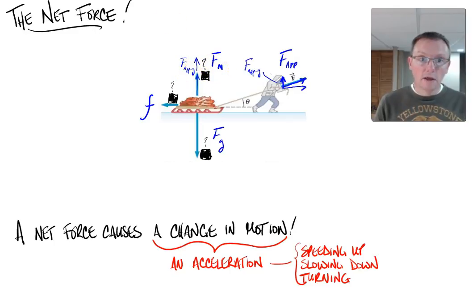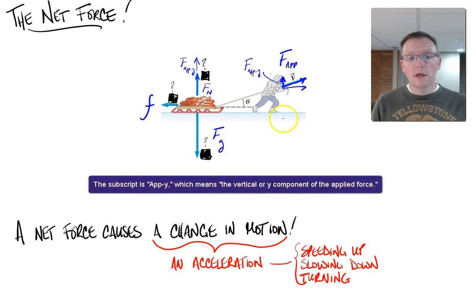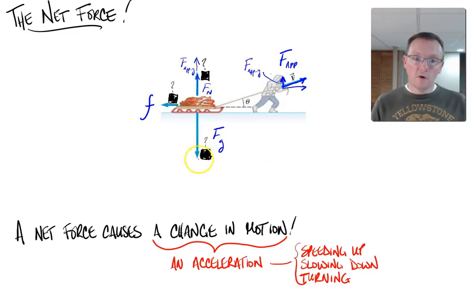And I'm going to redraw the normal force so that you can see it's down here. There we go. And so if I drew these right, what we'd end up with is that this total upward force and this total downward force would be equal to 0. They would cancel each other out. How do I know that? Because the sled is not flying up into the air, nor is it falling down through the ice. So I know the verticals must cancel out.